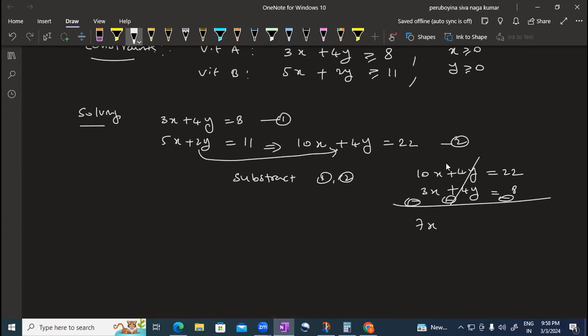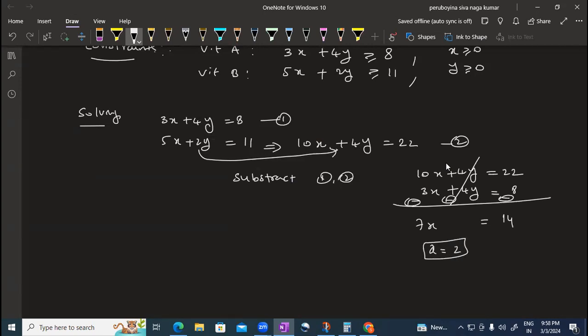So 10x minus 3x is 7x, and 22 minus 8 is 14. So the x value will be 2.